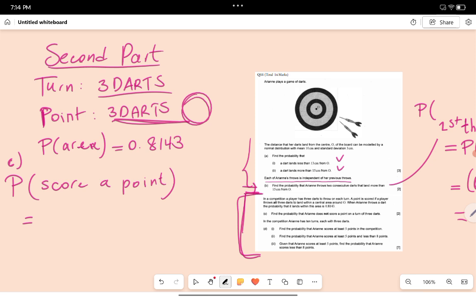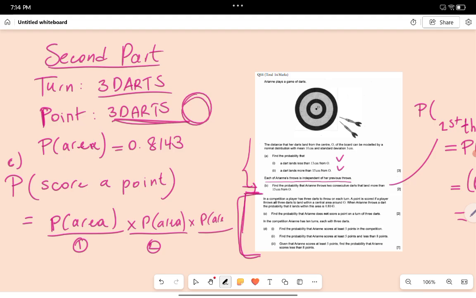And because all the throws are independent, it is simply the probability of falling within the area for the first one, times the probability of falling within the area again for the second one, and then we multiply again by that probability.